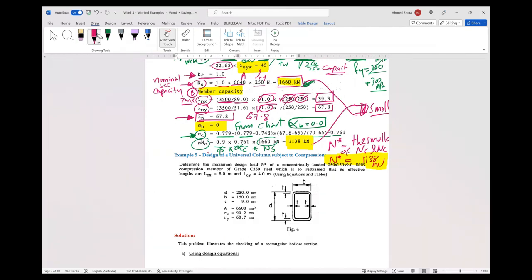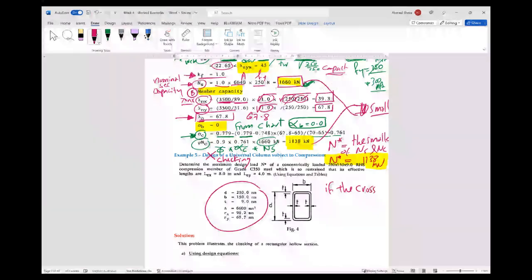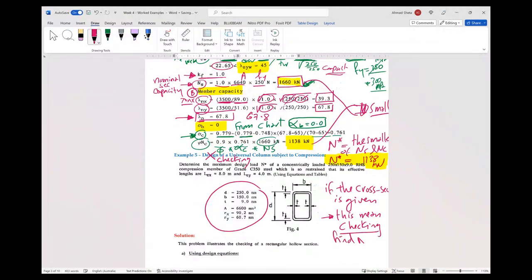The title is a mistake here. Why is it checking? Because it is given the section as well. If the cross section is given, so this is just a typo, we are doing checking. Checking means we need to find the maximum N star.